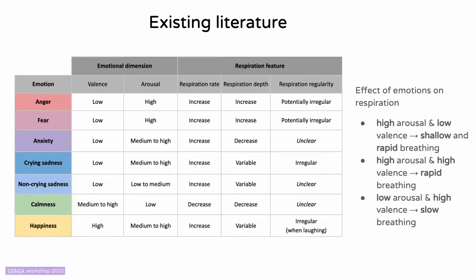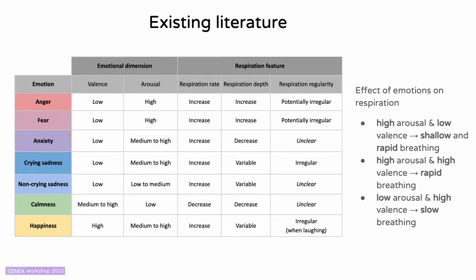For this, we needed to explore what is already known about realistic breathing. Thus, we looked into existing literature that reported which emotions trigger which kind of respiration. There's quite a variability in the results of the different studies. However, we can still take some general conclusions. A rise in arousal during negative emotions, such as anger, fear, and anxiety, creates more shallow and rapid breathing.